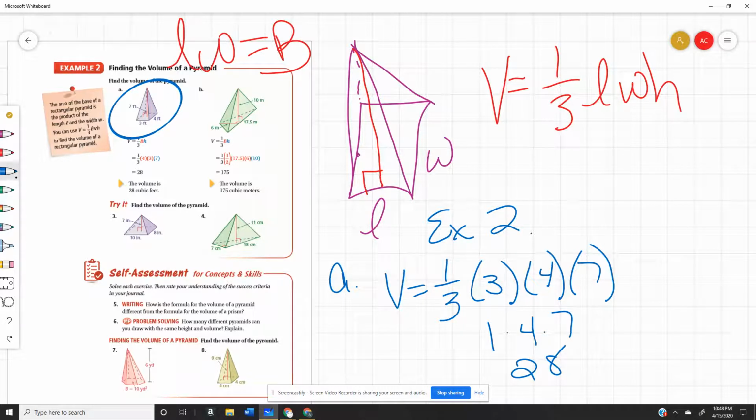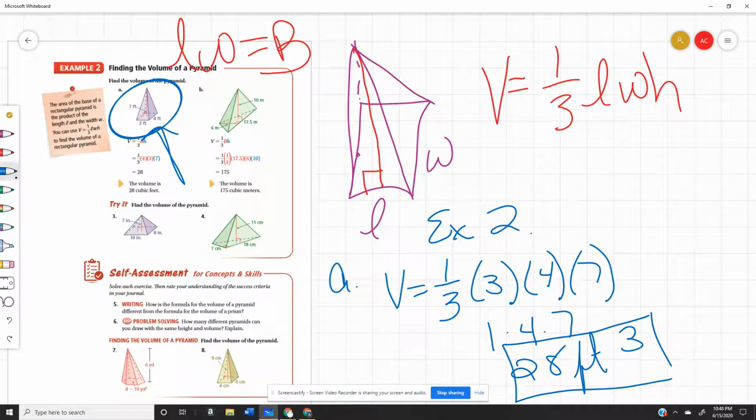So this one right here is going to be 28 feet cubed. That's our volume for that one. And all I did was use that same formula. It's still 1/3 area of the base times height, but instead of using area of the base, we used length times width. That's the only change that occurred there, okay?